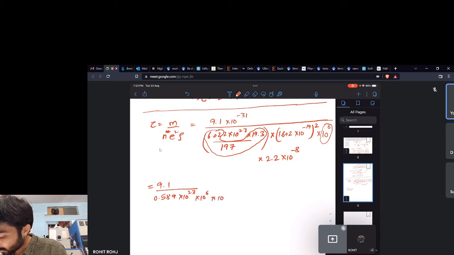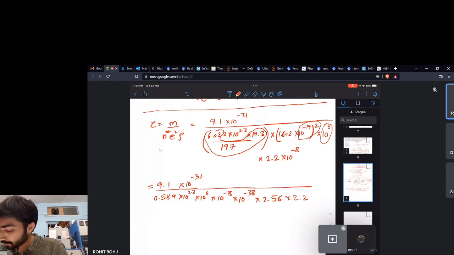Again in the denominator we have 10 to the power minus 8. This value would count to be 10 to the minus 38. 1.6 squared would be 2.56. We also have 2.2 here in the denominator.